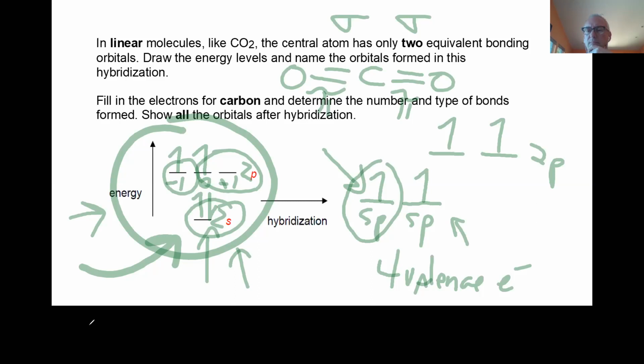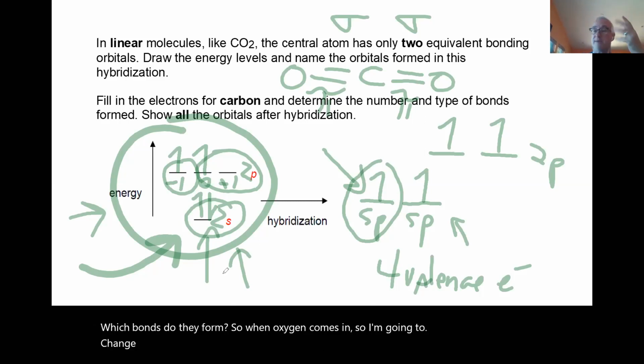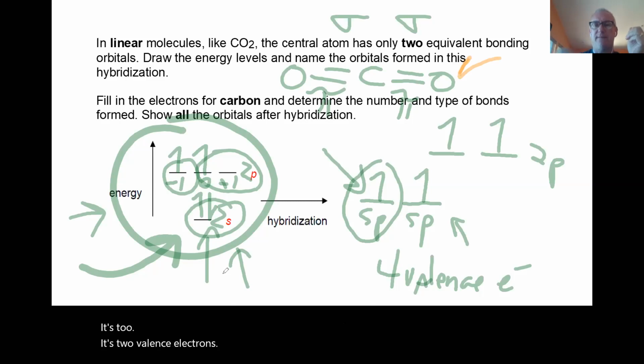Can you repeat that? So sorry. Oh, no problem. So we have two sp electrons, right, in two different orbitals. Which bonds do they form? So when oxygen comes in, I'm going to change my color. So when the oxygen has its two valence electrons, we have oxygen on this side, oxygen on this side.